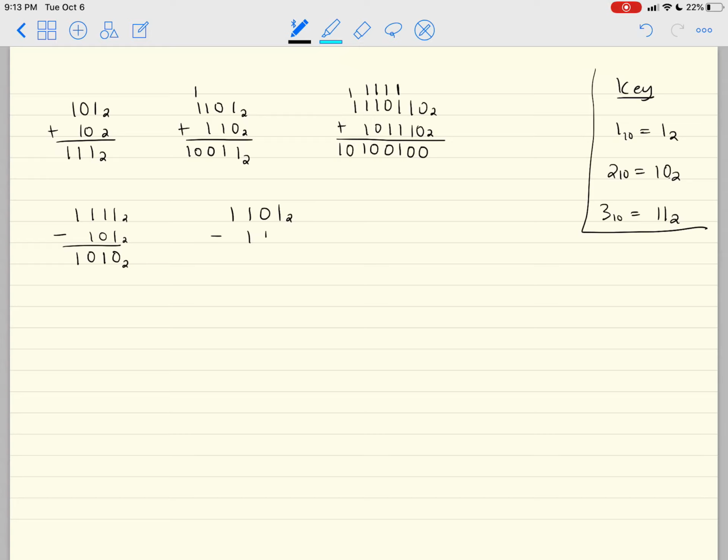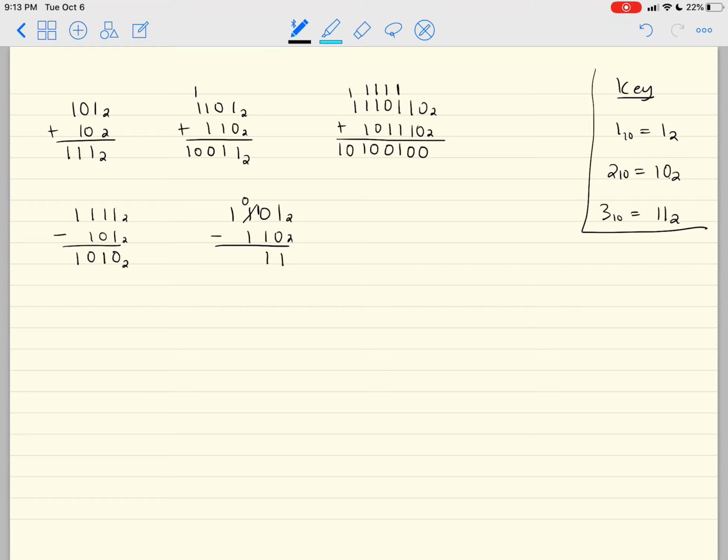So if you do have to borrow, what do we do? 1 minus 0 is 1. I cannot do 0 minus 1, so I go to this 1 and make it a 0, and make this a 10. See the key, 10 is really 2. So really, this is 2 minus 1, or 1.